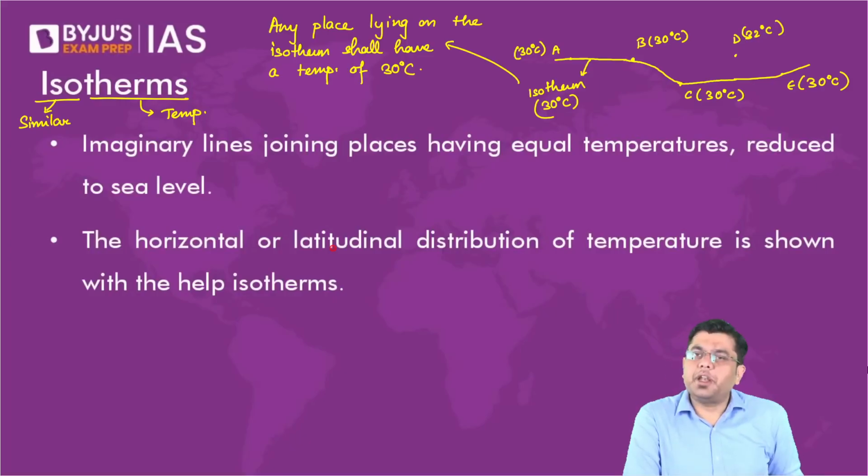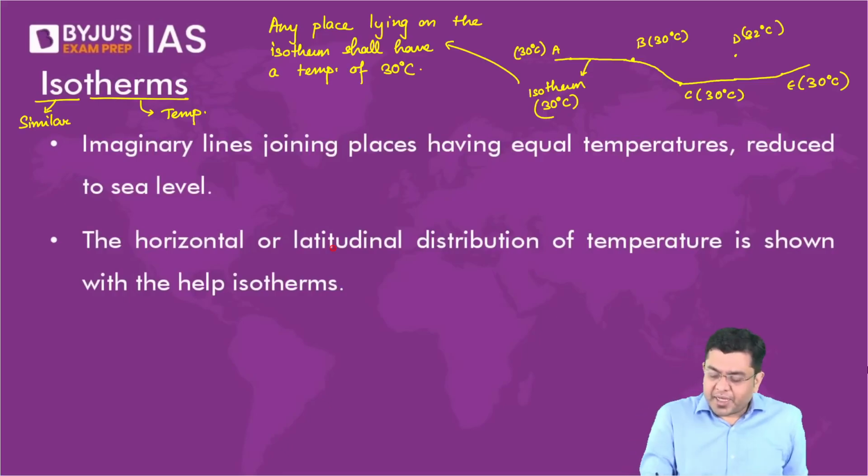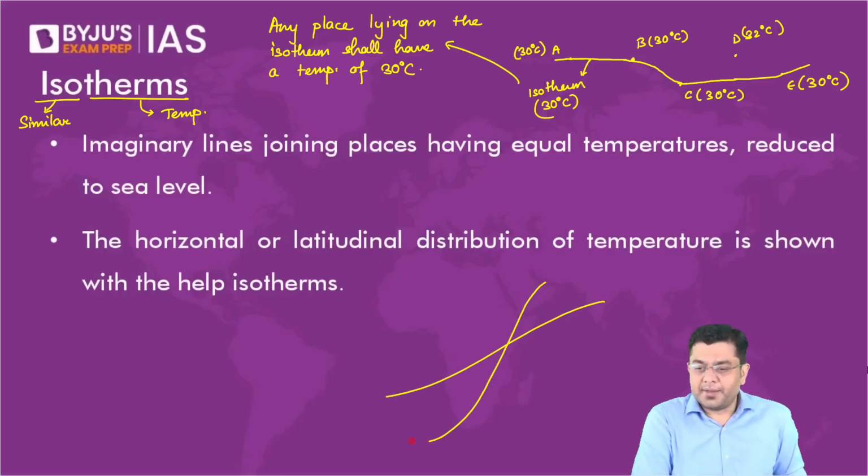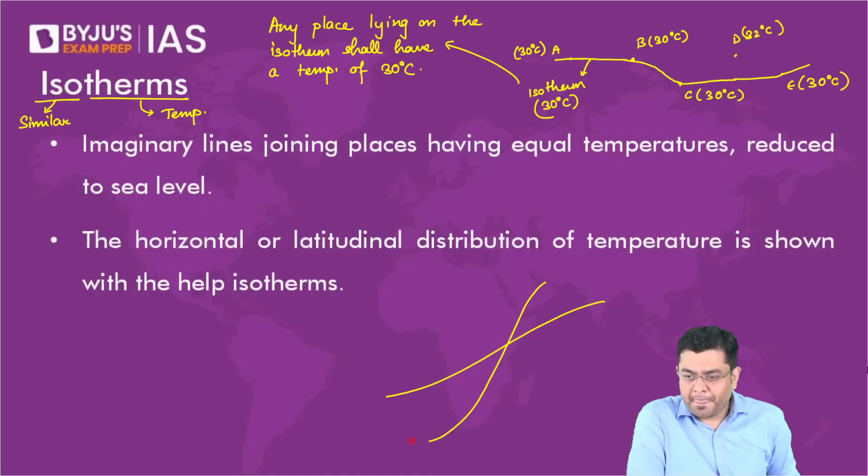Now, if I ask you a question: when we talk about isotherms, can the isotherms crisscross each other? Can we have a condition where we have an isotherm like this and another isotherm like this? What do you think? Very good.